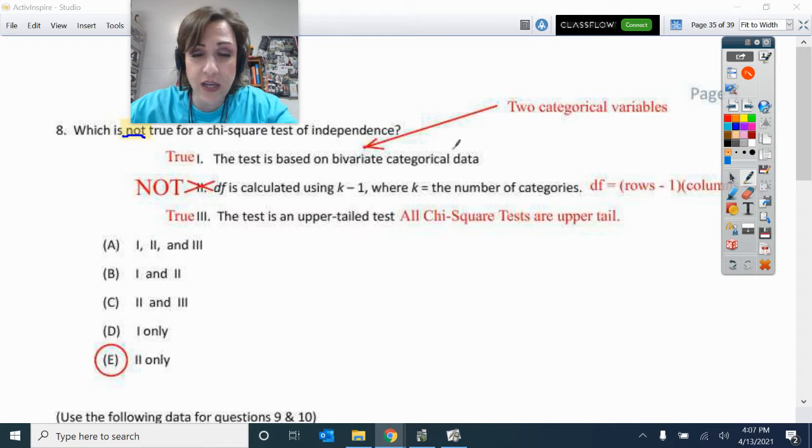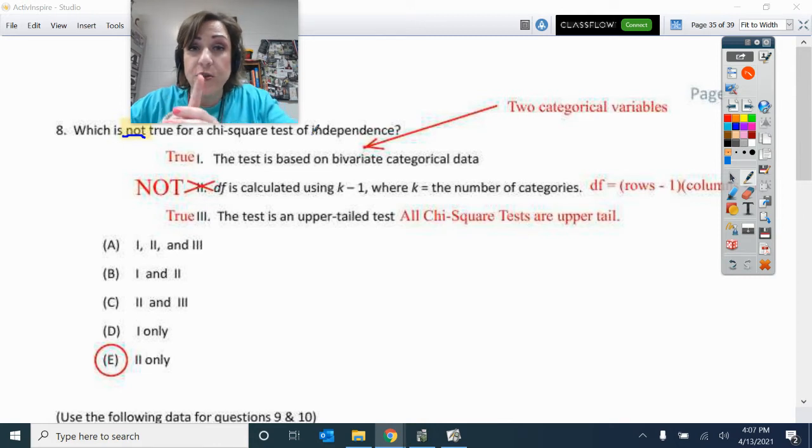So that's true, because if you remember our chi-square test of independence, you take one big sample and then you sort them according to those 2 variables. Okay, so that was true.